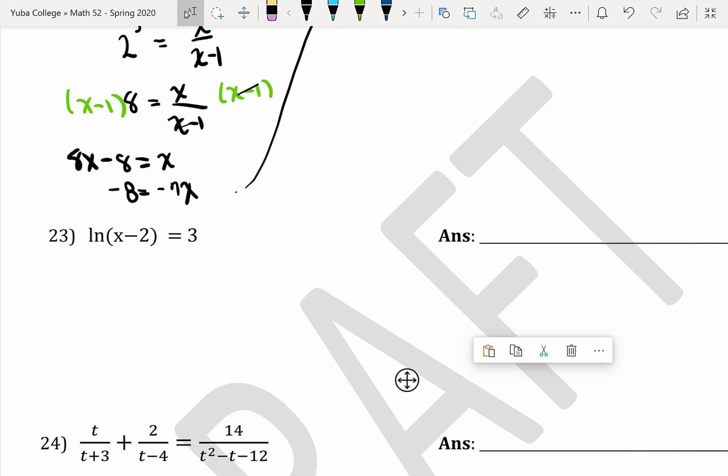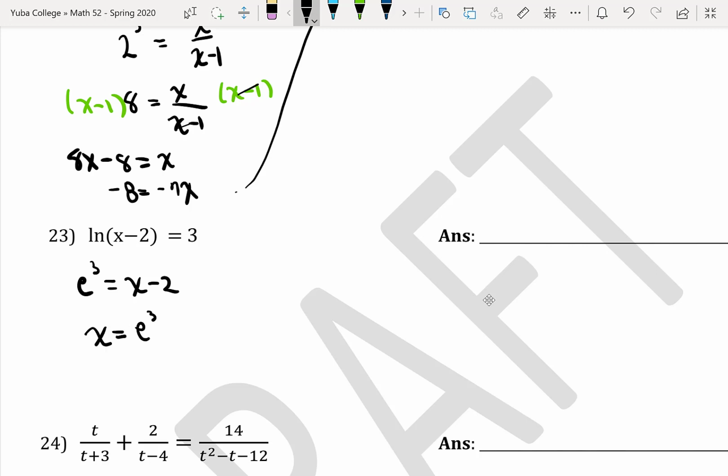To get x by itself, let's just add 2 to both sides. We get x is equal to e cubed plus 2. So that's an exact form, or the exact answer. You can leave it like that, or we can put it in the calculator and put it in decimal form.